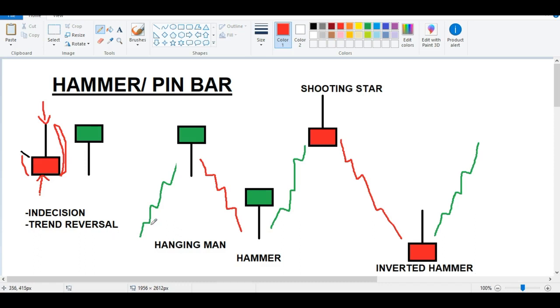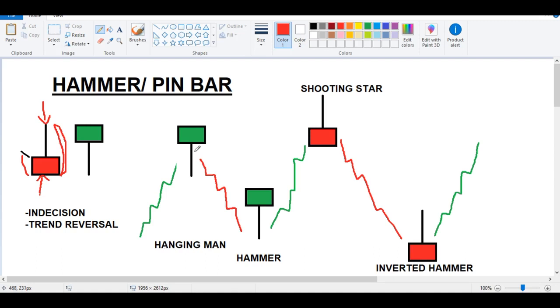If we're in a nice uptrend, price is going up, and we see this hammer at the top of the trend, that is known as a hanging man. You can call it a hammer, which is what I do, or you can call it a hanging man. Many times you might hear people say hanging man. So this is what it means.